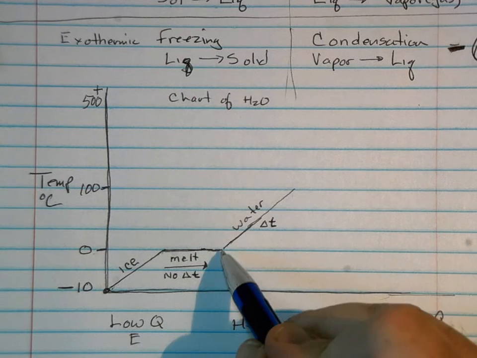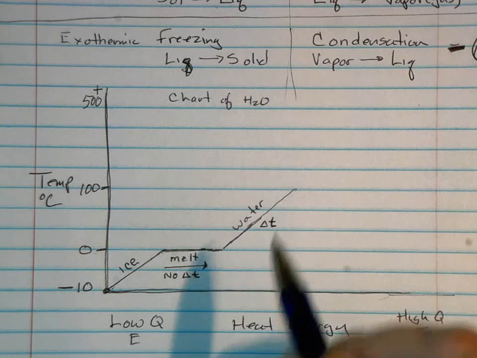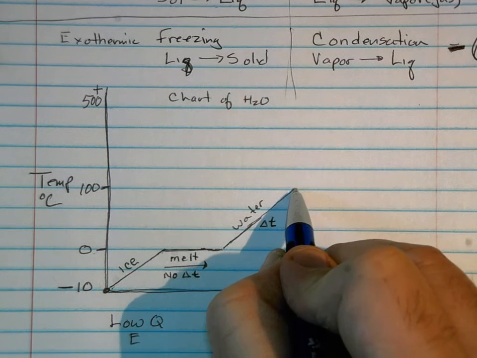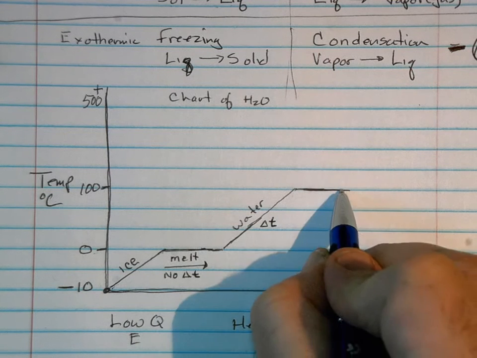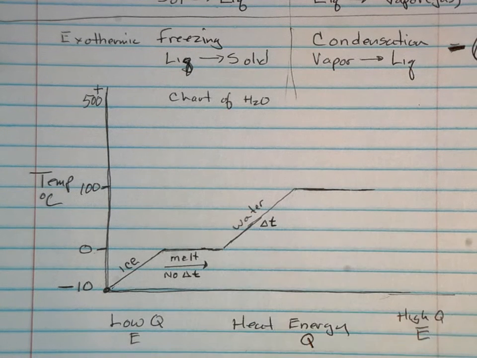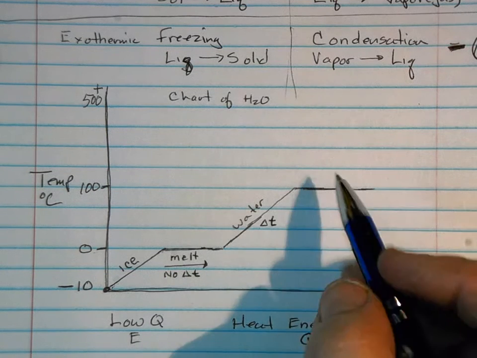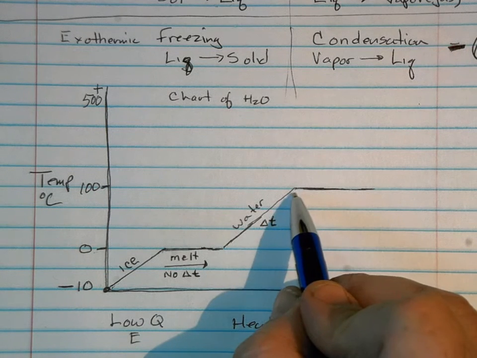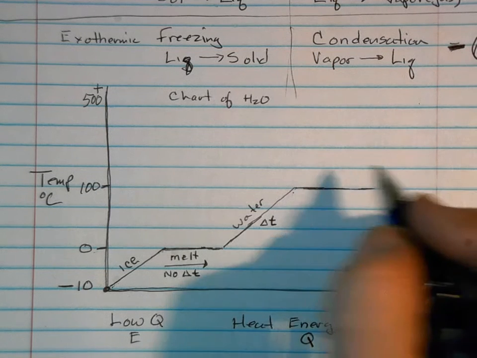Now when the water gets to 100 degrees, it begins to turn into a gas. And now the temperature is going to flatline again. So we'll draw this maybe a little bit longer because we need to write this process. We got ice, it's melting, we got water. What do you call the process when water changes to a gas? If you said boil or vaporize, cool.